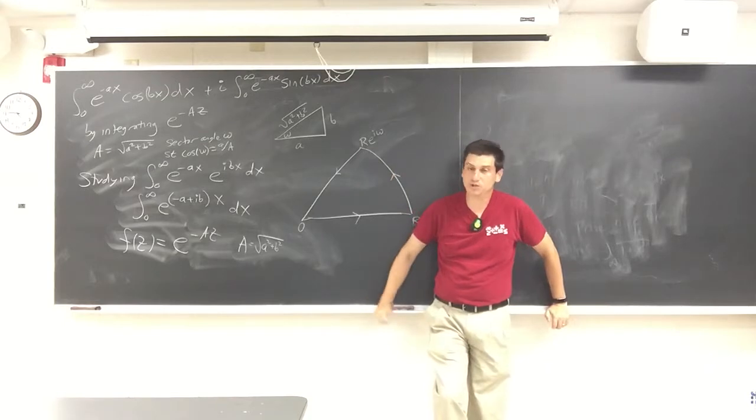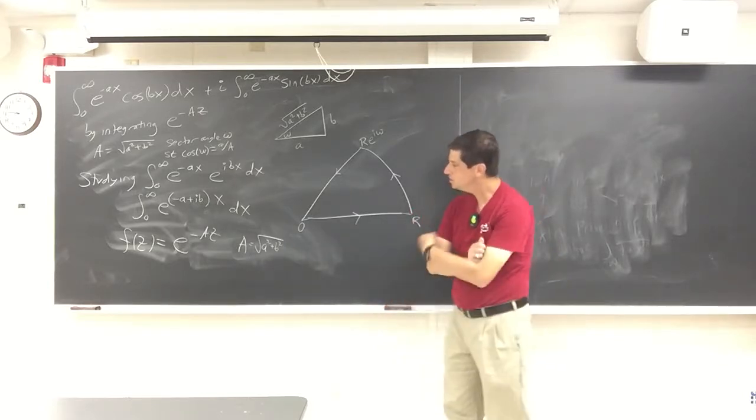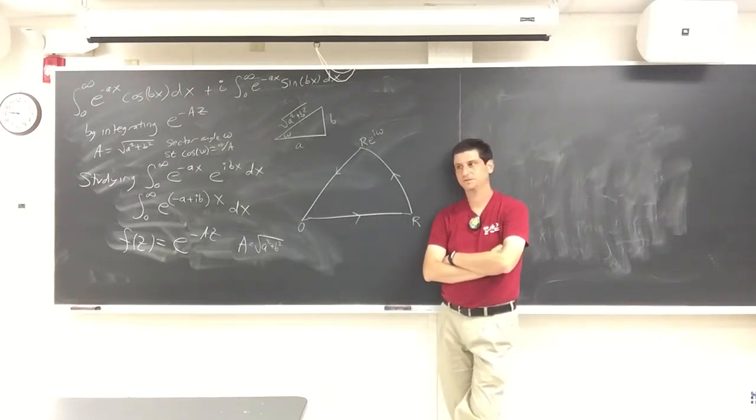Yeah, it's got to be small on the semicircle or we're in real trouble. So what would be going on there? Do you think it's going to be small on the semicircle? We might have to split it up into two parts along the semicircle.